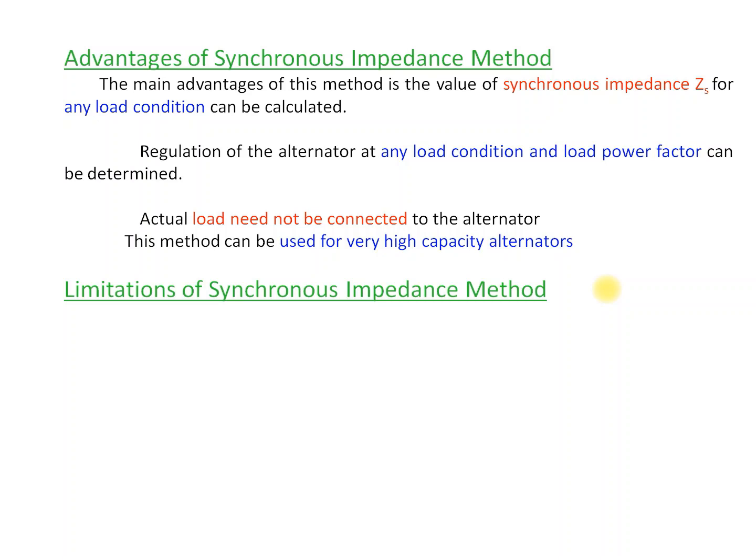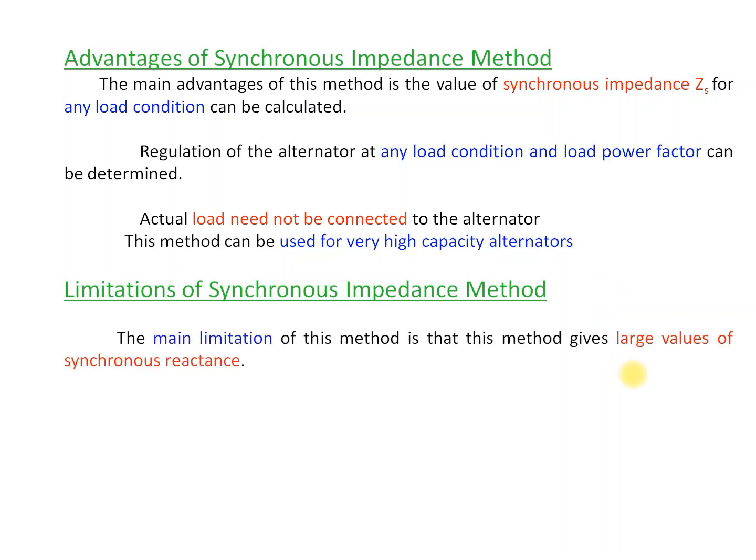We can use this method for very high capacity machines also, because we don't need to conduct a direct load test on any machine. Very high capacity machines can be tested with the open circuit and short circuit tests, so that we get the voltage regulation of that machine.